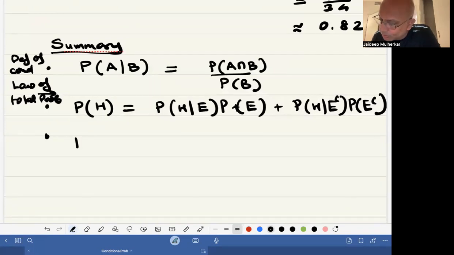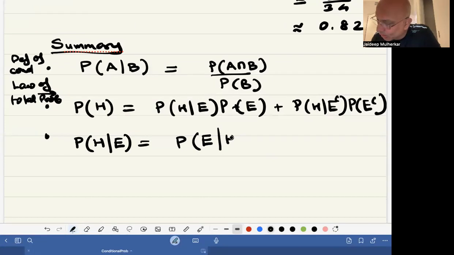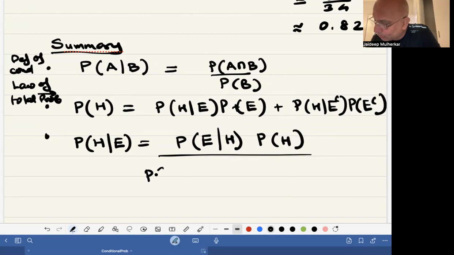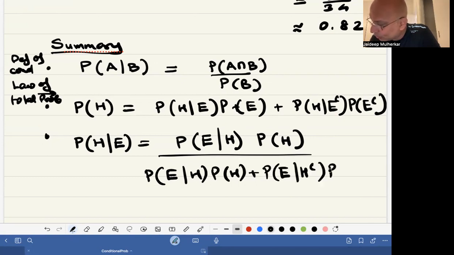And then Bayes' theorem says that if I have a certain hypothesis and we have some new evidence, then the probability of the hypothesis given new evidence is this likelihood function, which is how likely the evidence is given the hypothesis, times the prior probability, over the probability of the evidence, which is this plus the probability of the evidence given the alternative hypothesis times its prior.